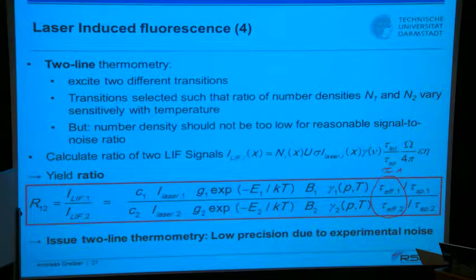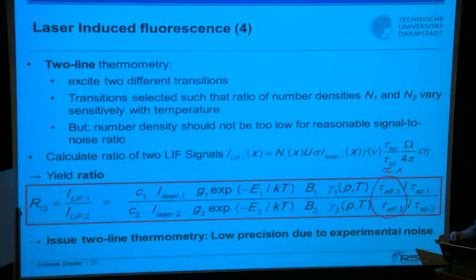Because the effective lifetimes of different excited levels are not so different, these cancel out in thermometry. At least in all the papers I know using that approach, it is assumed, because measuring that effective lifetime would blow up your experimental effort tremendously. Okay.